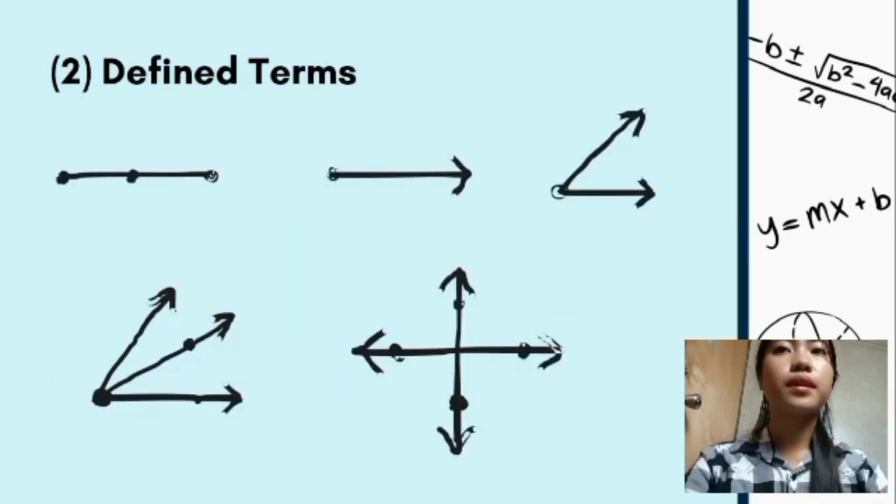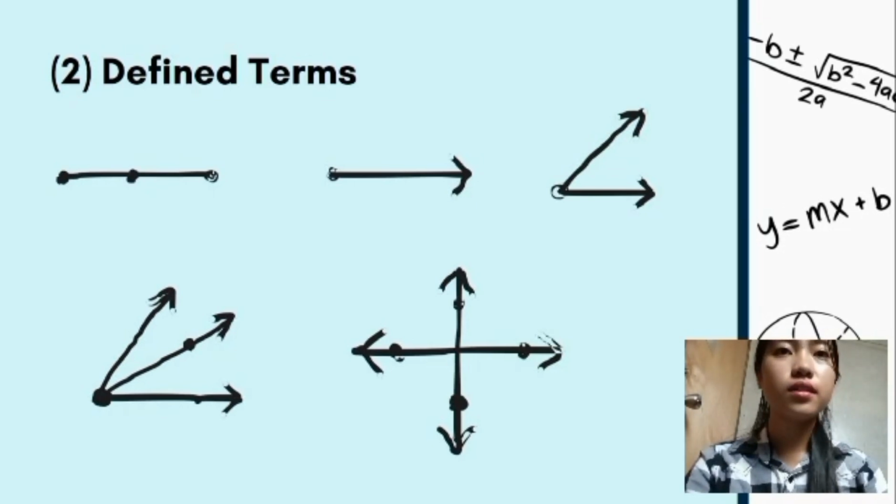Next we have defined terms. What are these defined terms? These are the terms that have a proper definition and can be defined. We have examples: the line segment in the first illustration, which also has its midpoint. Next we have the ray, a point at the bottom and a continuous line ahead.